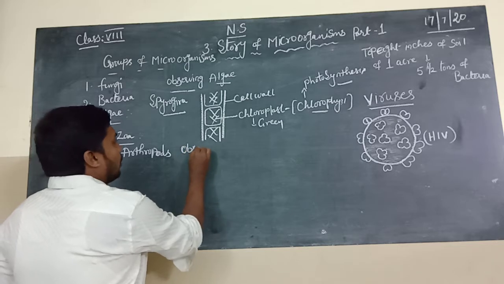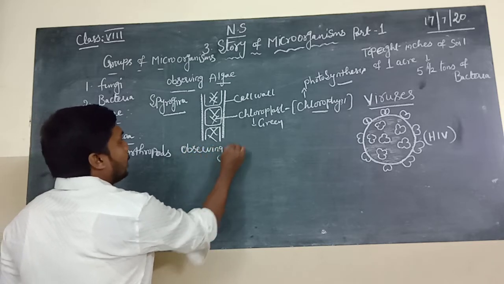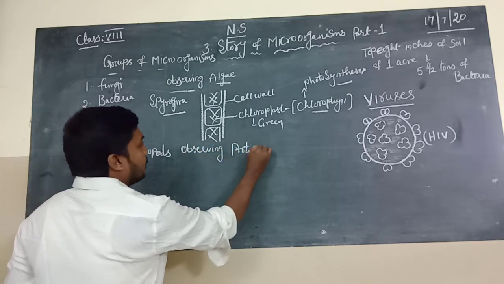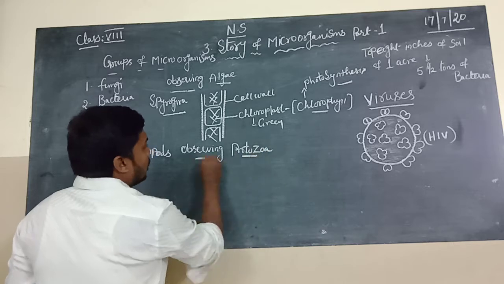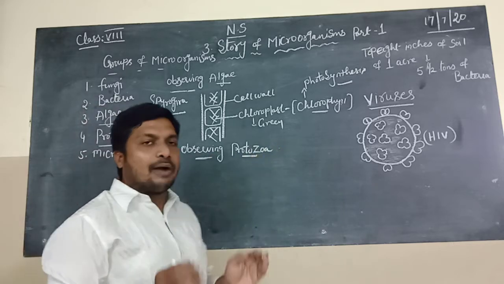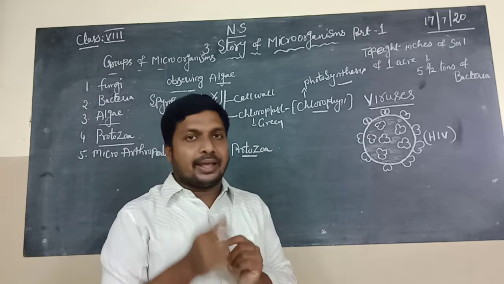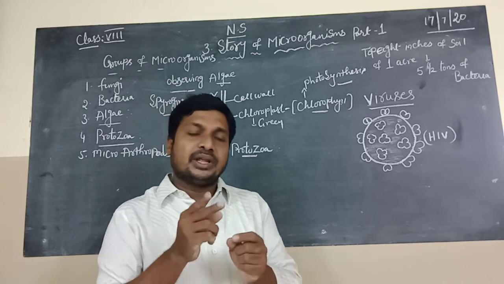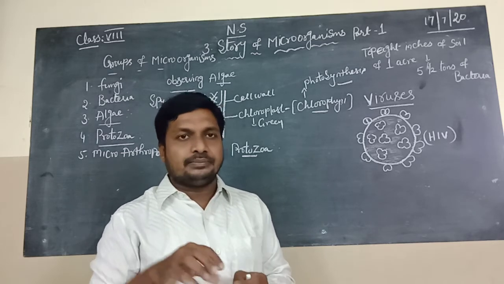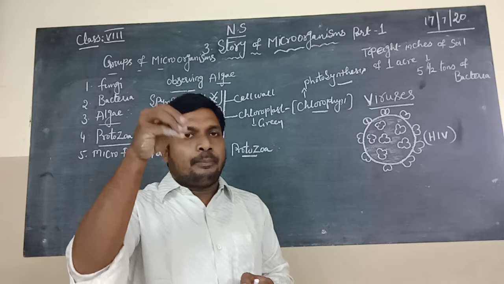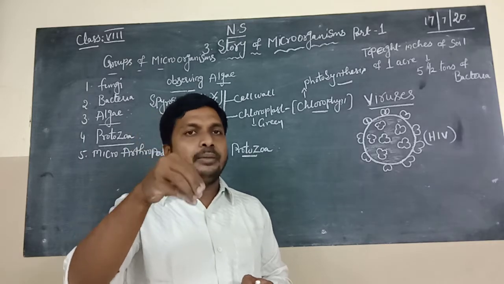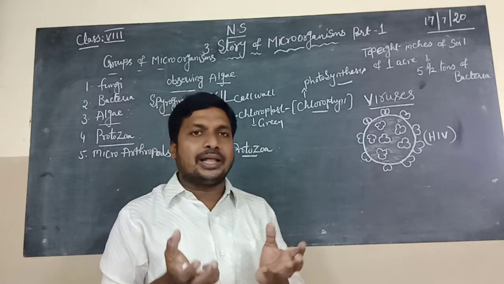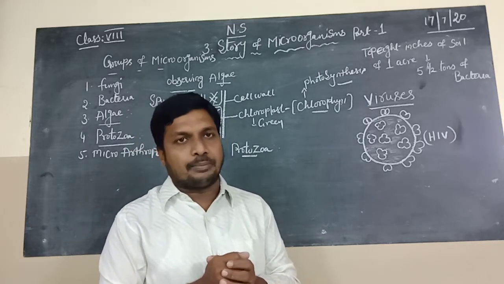Next topic, observing protozoa. For this, you have to take some hay. Hay means dry grass. Cut it into small pieces. Drop the pieces of hay in pond water. Boil the pond water for some time.